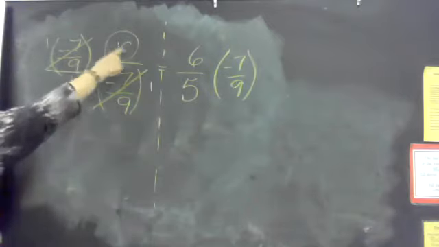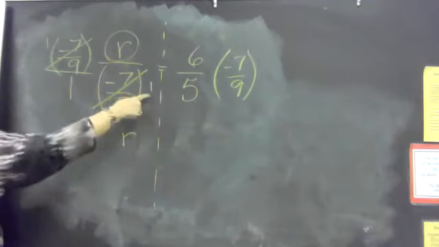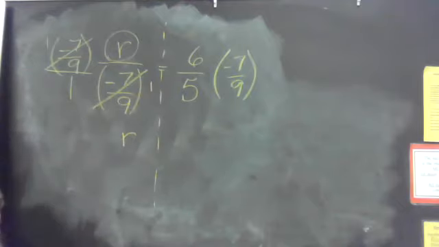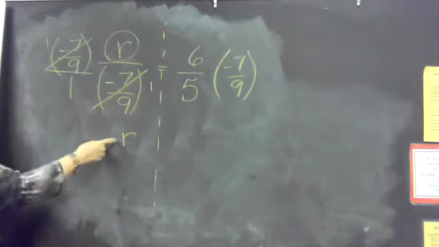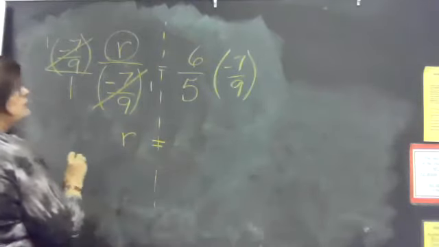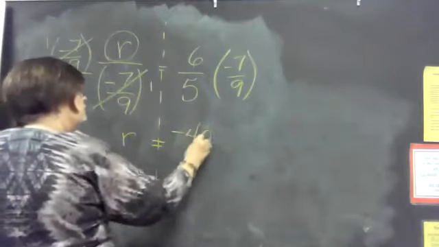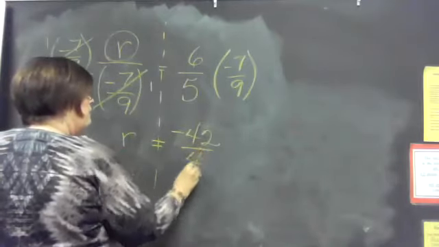Now you have 1 times r, which is r. 1 times 1 over 1, we don't have to write the over 1. So now we have a plain r equals, and then just multiply the fraction. Negative 42 over 45.